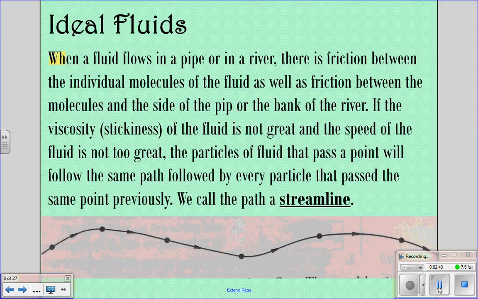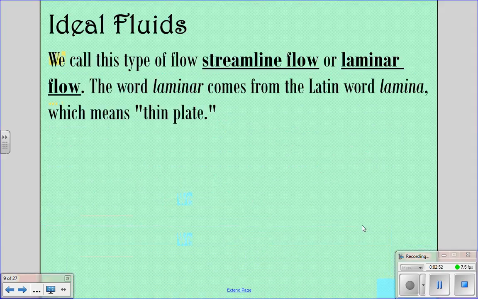And it's called a streamline. So we call that path a streamline. So all of our particles will go in the same path. We call this type of flow streamline flow or laminar flow, and the word laminar comes from the Latin word lamina, which means thin plate.